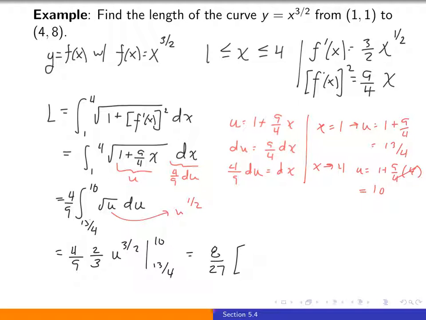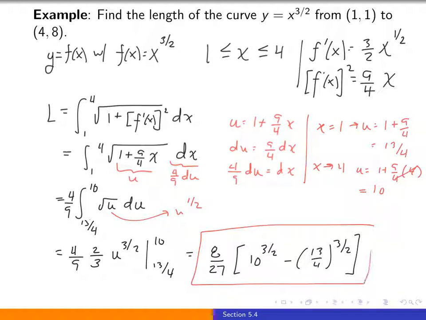We plug in u equals 10, so 10 to the 3/2, and then we subtract away what we get when we plug in 13/4. So 13/4 to the 3/2. And since there are no quick, easy simplifications, I will leave my solution exactly in this form.